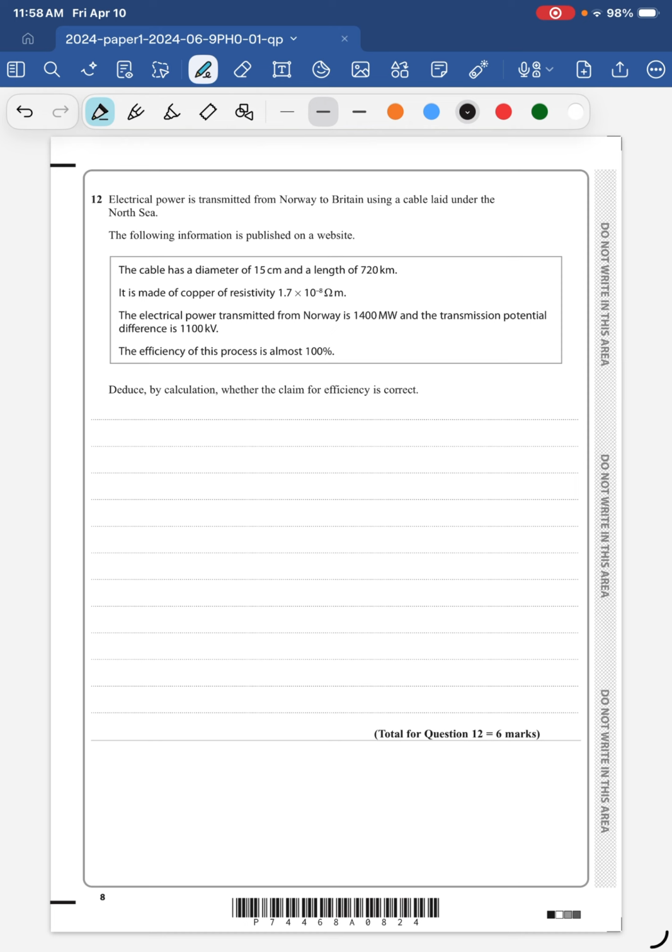Okay, we have a lot of information. So first of all, let's find the resistance of the cable. The resistance is given by the resistivity of copper times the length of the cable over its cross-sectional area. This is then equal to rho times the length over pi d squared over 4.